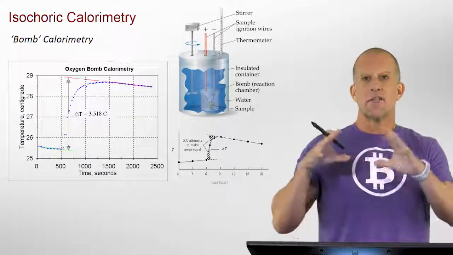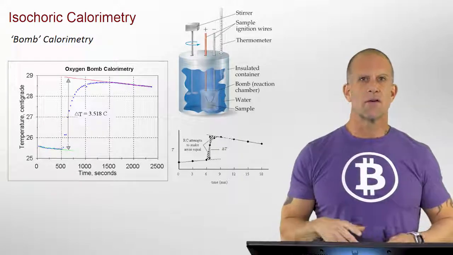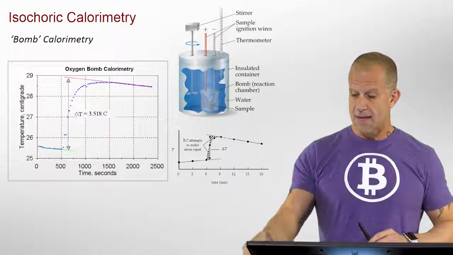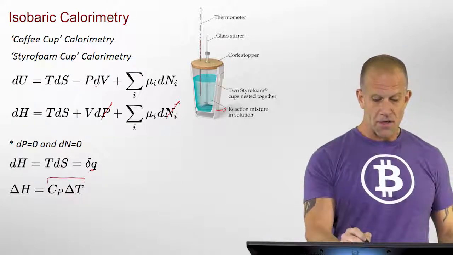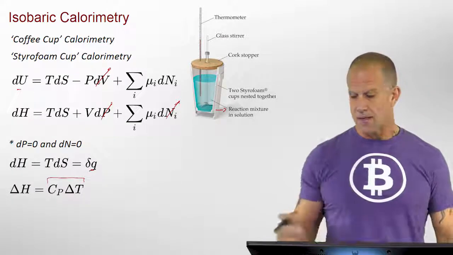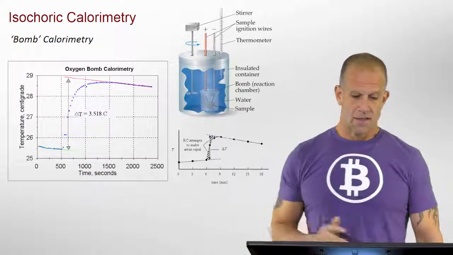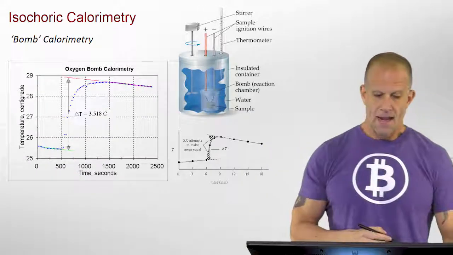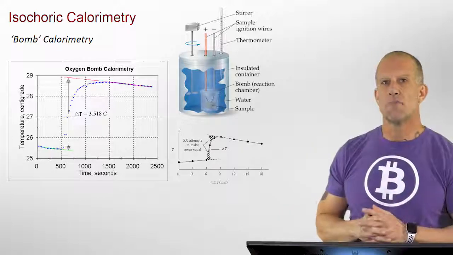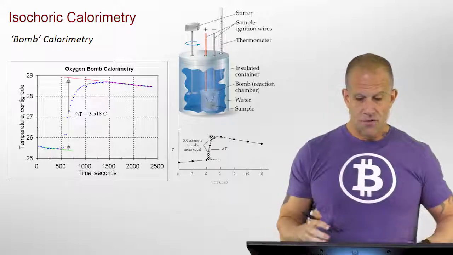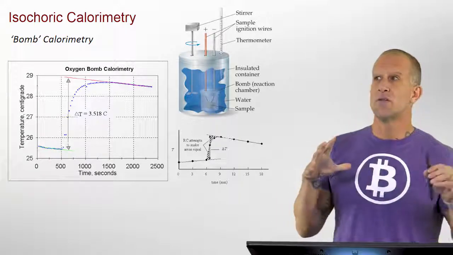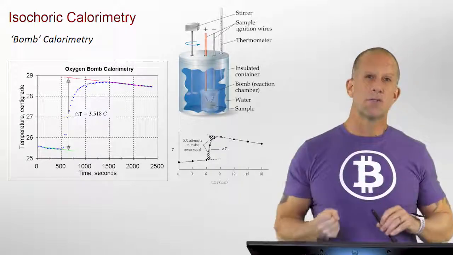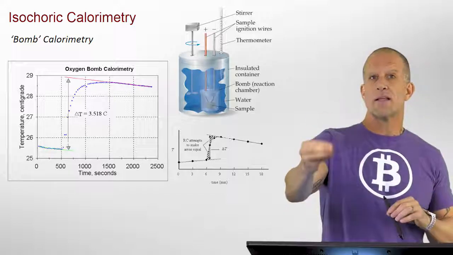Then moving on, instead of at constant pressure, you can work under constant volume. And in this case, under constant volume, the work term goes away and you typically look at the internal energy directly of the system. And this is typically called bomb calorimetry. The most common way to do this is with an oxygen bomb, so that you're really looking directly at combustion.